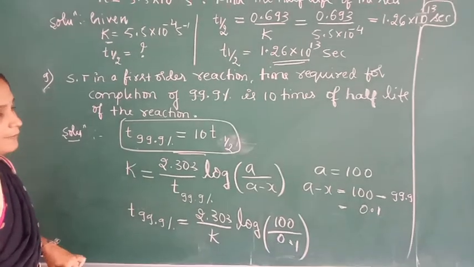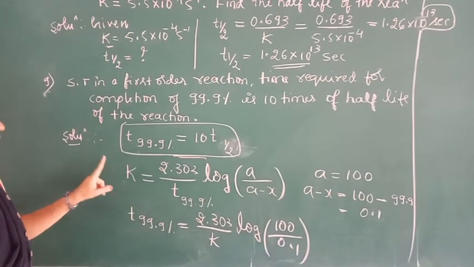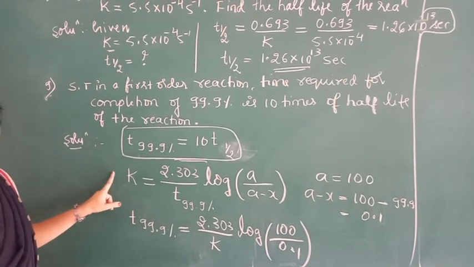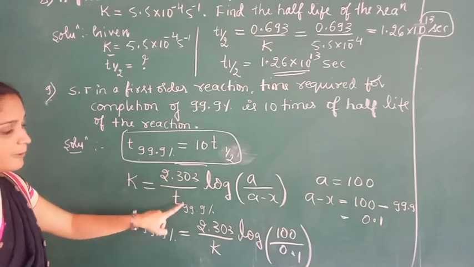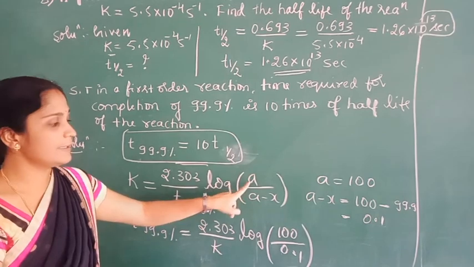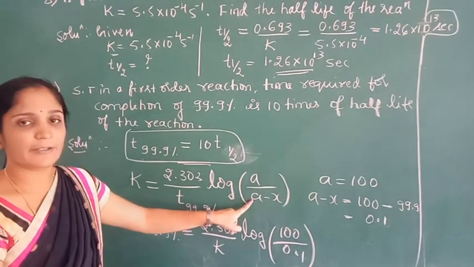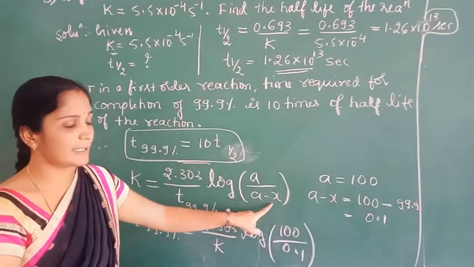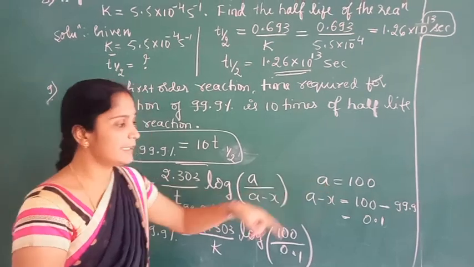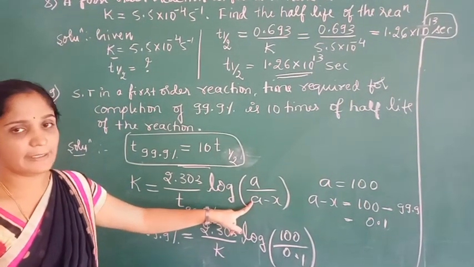So first write the integrated rate constant expression for a first order reaction, that is K equals 2.303 by T log of, instead of R naught, here we have taken A, and instead of R concentration, here we have taken A minus X. Here A is the initial concentration of the reactant, A minus X is the concentration of the reactant at any time t.